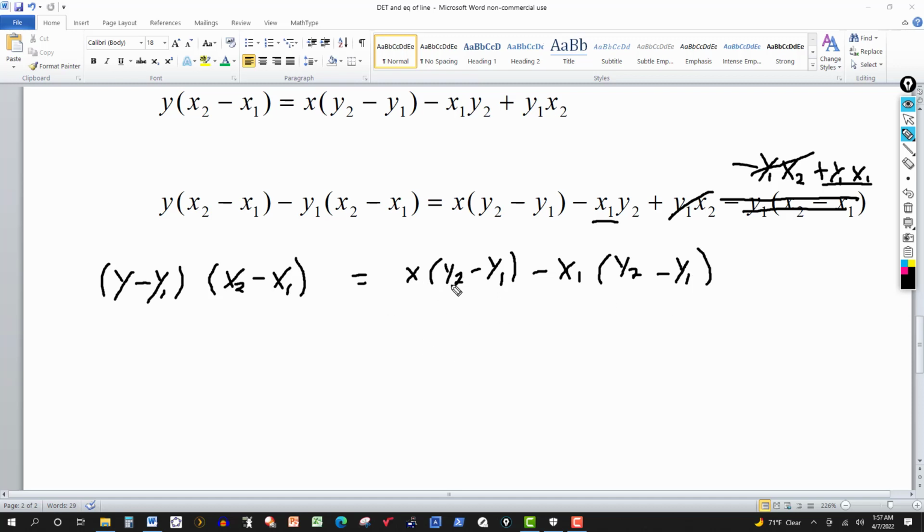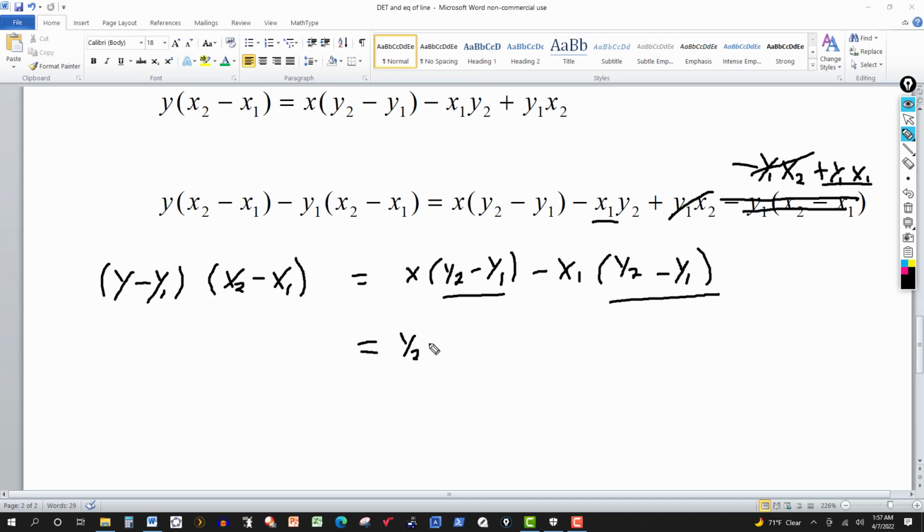Now we look at what we have here. We have x, y2 minus y1, y2 minus y1. Okay, so we have a common factor in those two terms. Now I'm going to factor that out. Again, this is no different than proving an identity in trigonometry or other courses.